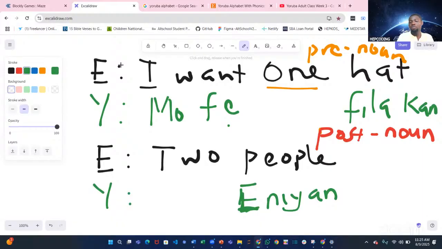Ènìyàn, that's people. Méjì. Do you see the difference? Two people in English, but you must remember that pre-noun and post-noun stuff.